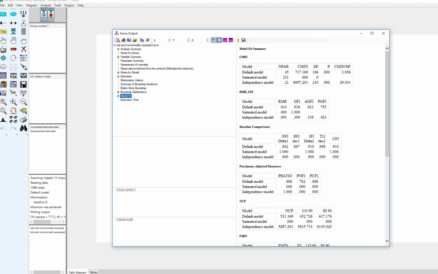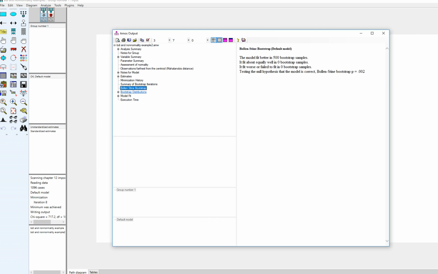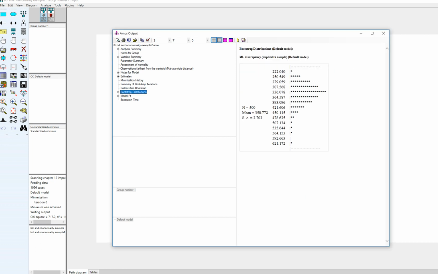Now the model fit, this was the chi-square value from our model, and these are still based on the maximum likelihood estimates. You'll see it's 717, and when we look at this distribution right here, if we plot our 717 for our observed chi-square from our data, it's actually falling out here in the upper tail of this distribution.